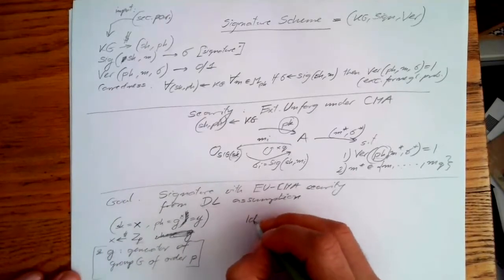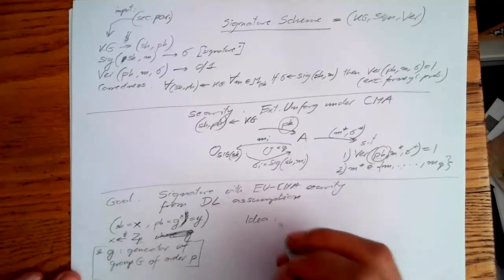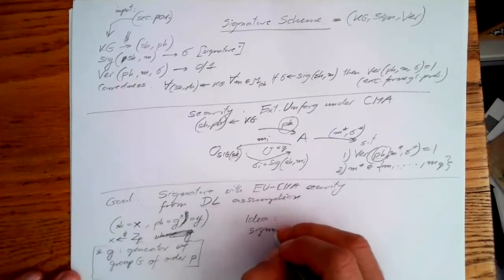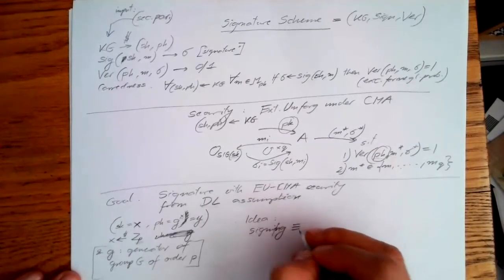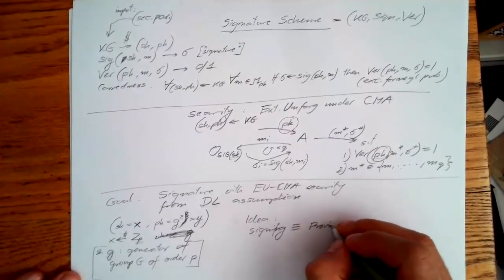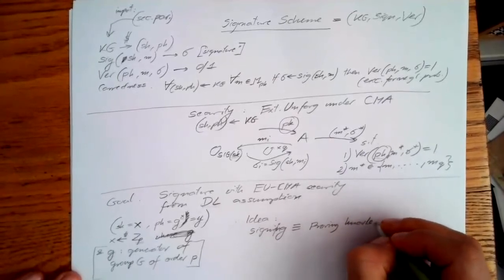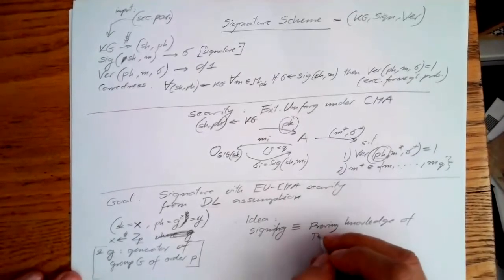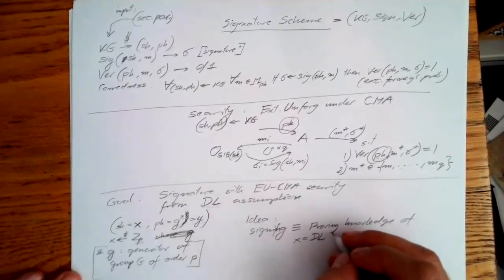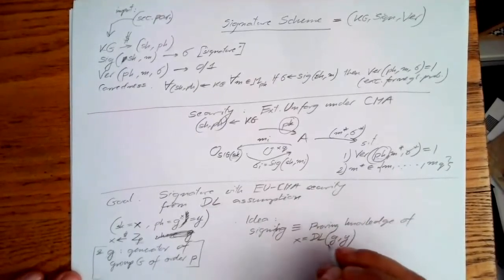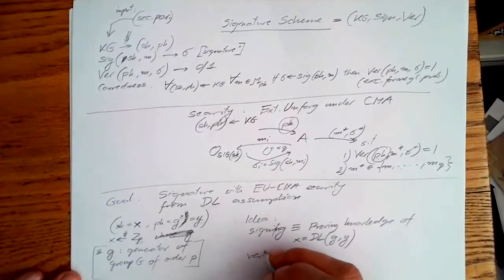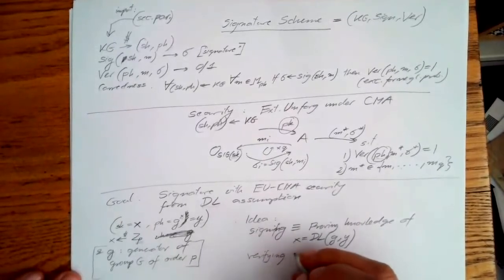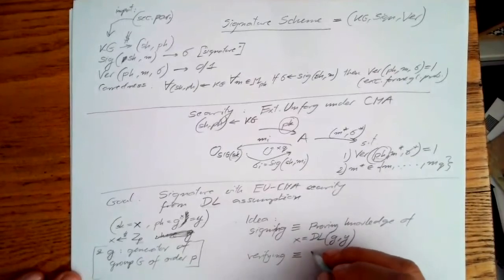So the idea for the signature is that signing will be like proving knowledge of the discrete logarithm X, which is defined as a discrete logarithm between the public parameter and the public key. And verifying would be like verifying the proof.